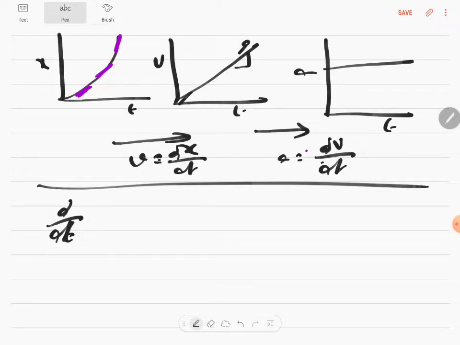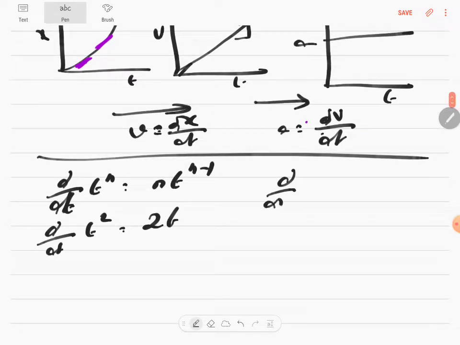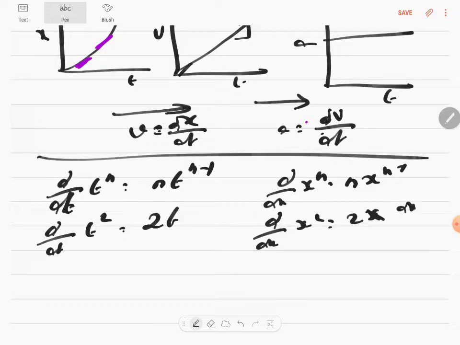So differentiation of t to the power n is n t to the power n minus 1. Differentiation of t to the power 2 is 2t. Just like d by dx of x to the power n is n into x to the power n minus 1, d by dx of x square is 2x. Of course there is a dx by dx, which is just 1, and we ignore that.